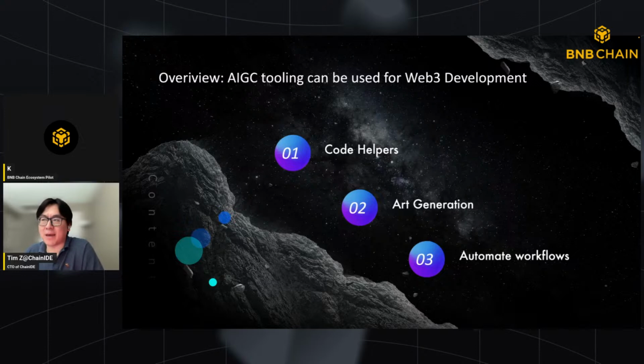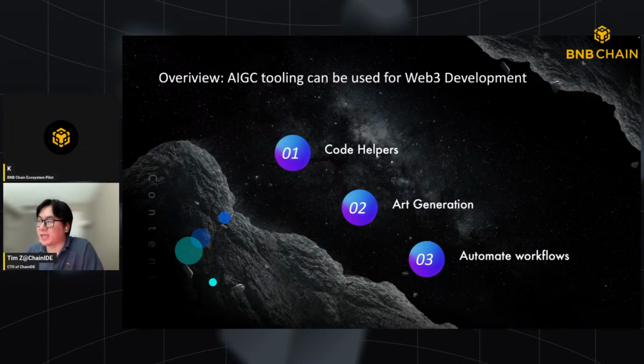In the past, a lot of projects would hire artists to contribute art, because a very well-designed NFT project needs thousands of pictures and thousands of 3D models for a single project. So art generation is very useful in this area.